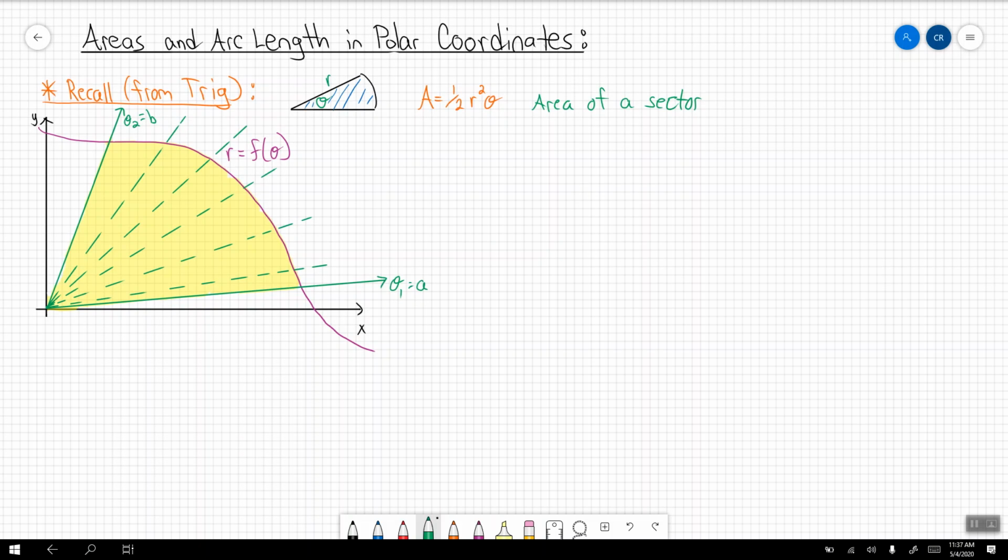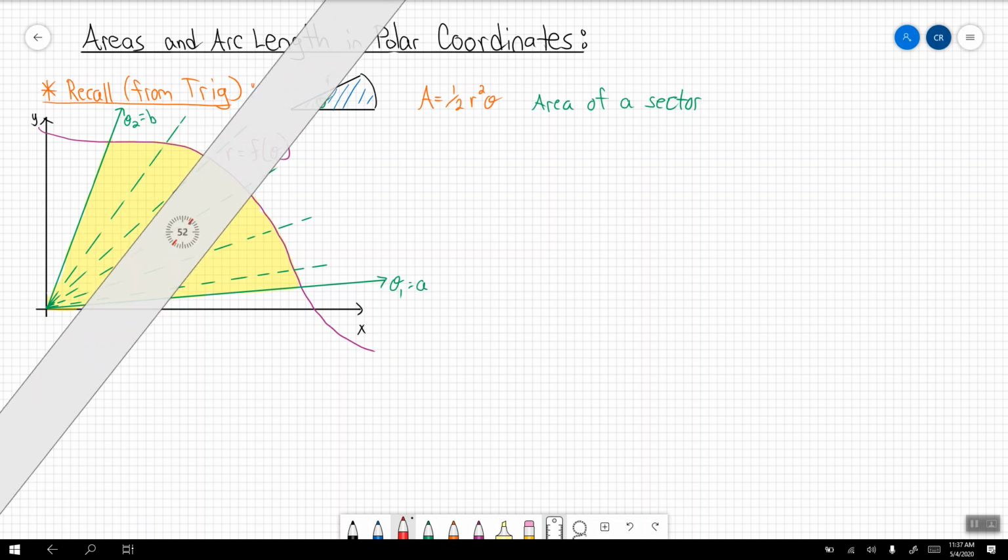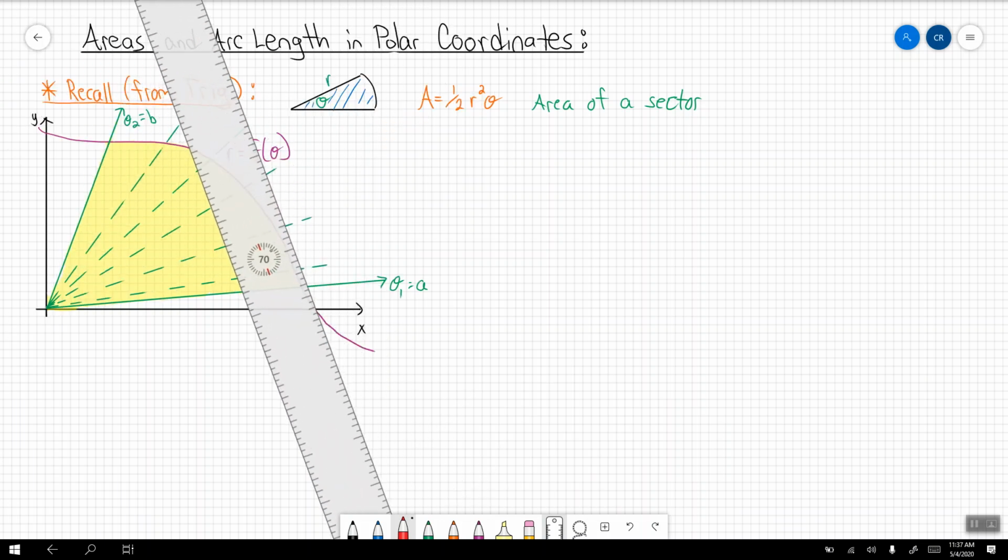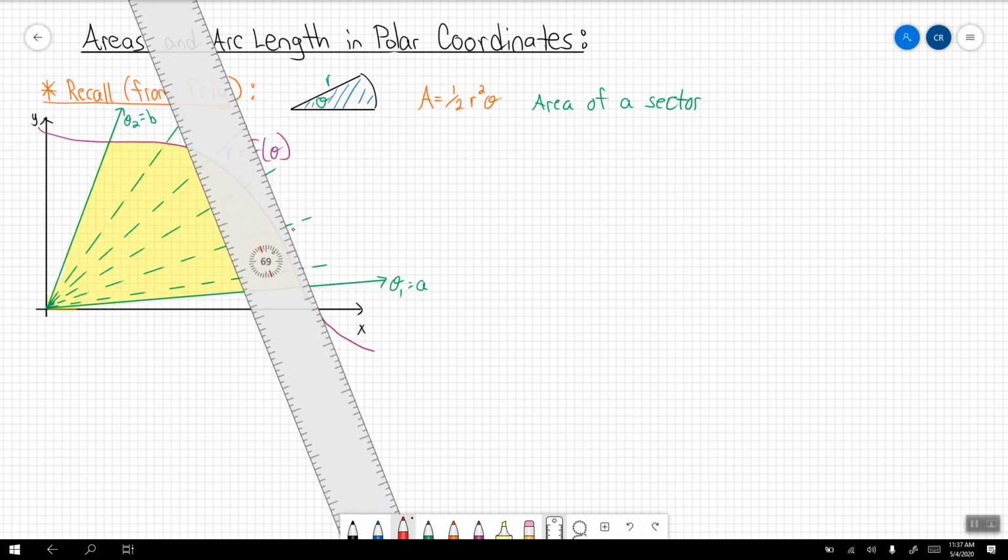Instead, we're going to have a difference between these angle measurements. In other words, we're going to have these delta thetas, or this change in theta, that we're going to be looking for.